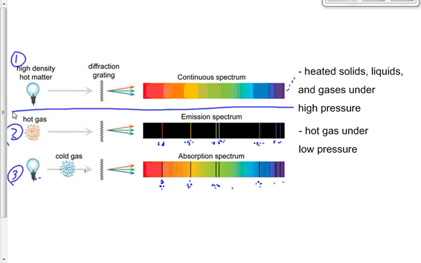So where do we use this? What are the purposes, the applications that we can use this in? There are all kinds of them, but one of the big ones is astronomy. We look at stars way off. Hey, look, I just discovered a star. Nobody else has ever found it before. I want to know what it's made out of. So I look at the light that it's producing. I look at it through a diffraction grating or a prism, a spectrometer.